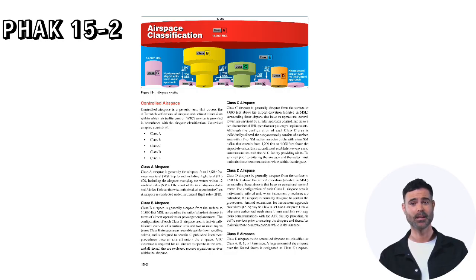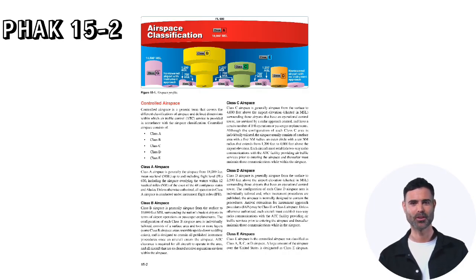Class D airspace. Class D airspace is generally airspace from the surface to 2,500 feet above the airport elevation, charted in MSL, surrounding those airports that have an operational control tower. The configuration of each Class D airspace area is individually tailored, and when instrument procedures are published, the airspace is normally designed to contain the procedures.